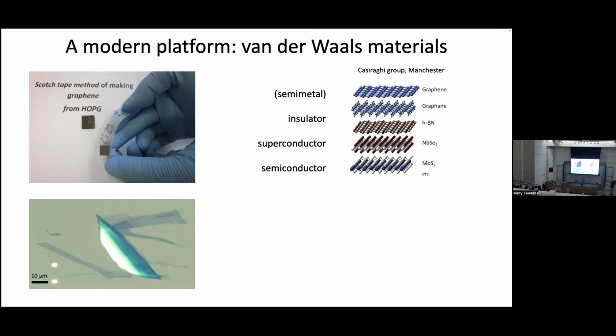You have semiconductors like molybdenum disulfide that are interesting in and of their own right. And you have superconductors, topological materials, magnets, and so on and so forth. All of these have since been discovered in two dimensions, and they vastly increase the playground that we have as solid-state physicists to make and study materials.